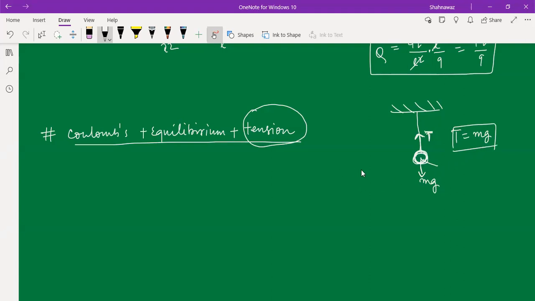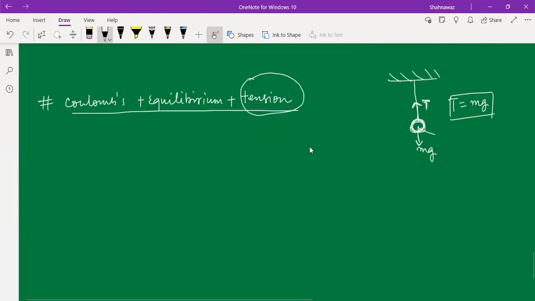And if this tension acts with some angle, let's say the string is hanged like that, so the tension is acting with some angle theta. Because of the alternate interior angles, this is theta, and this will also be theta.